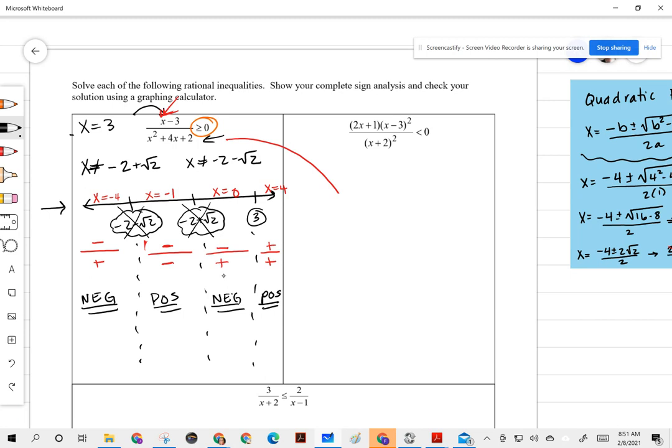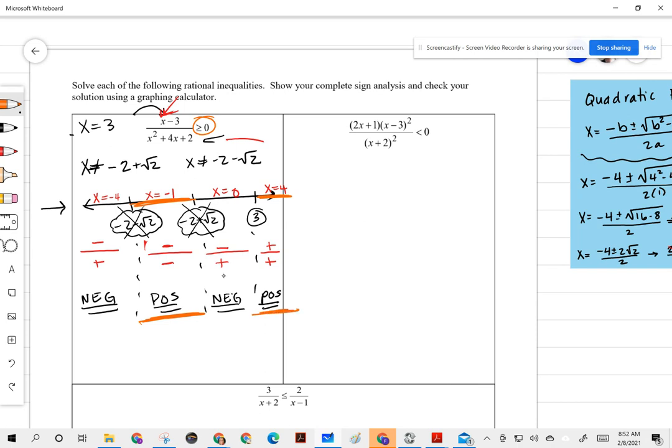And once you're done identifying the portions of where the function is negative and positive, we go back to the directions. I'm looking for where the function is greater than or equal to 0. That means it's positive, so I'm going to highlight this interval and then this interval on my number line. If that makes it easier, you can also underline this portion.